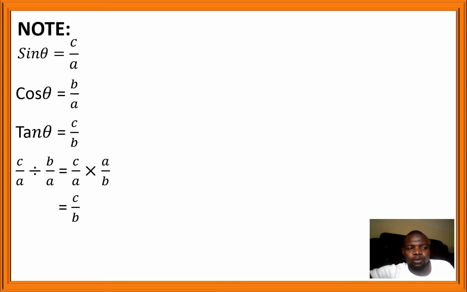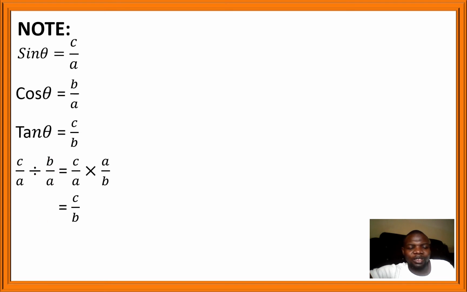When you look through, you realize that c over b is equal to tan of theta, whilst c over a is equal to sine of theta, and b over a is equal to cos of theta.